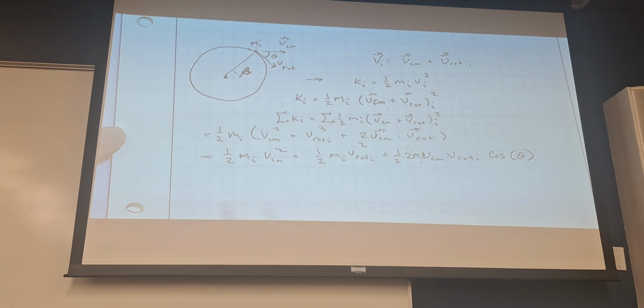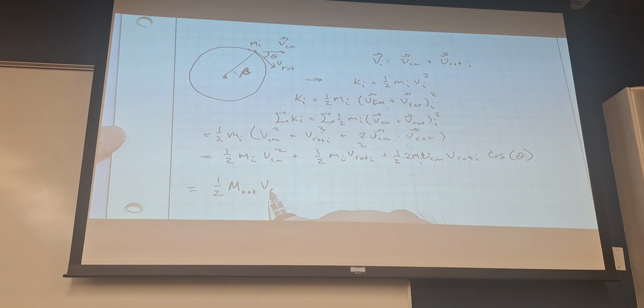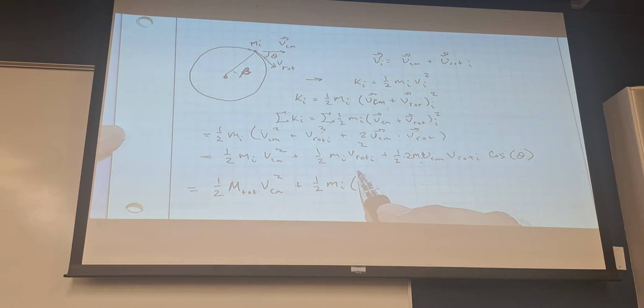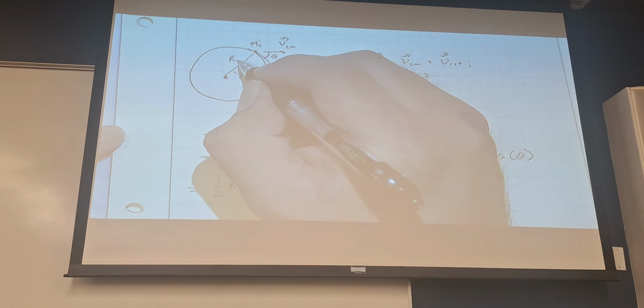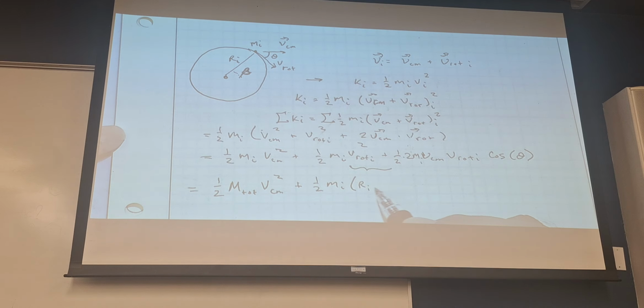Okay, I'm going to add back in the sum. So this becomes the total mass, V_CM squared plus 1/2, and I'm going to write this out a little differently. If you recall, V_rot here is just r_i omega. Well, omega is the same for all particles, right? They're all rotating at the same location.